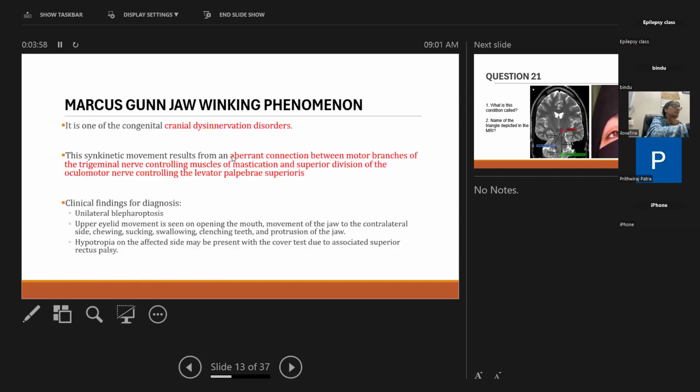This is due to an aberrant connection between the motor branch of the trigeminal nerve and the superior division of the oculomotor nerve.